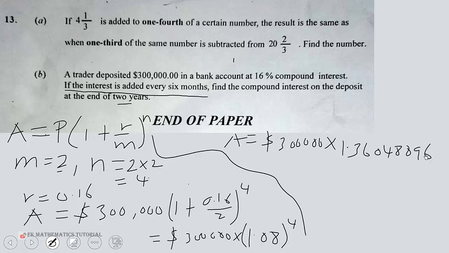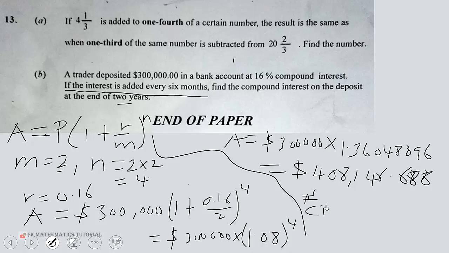So this will give us 408,146.688 dollars. Now we are calculating the compound interest.